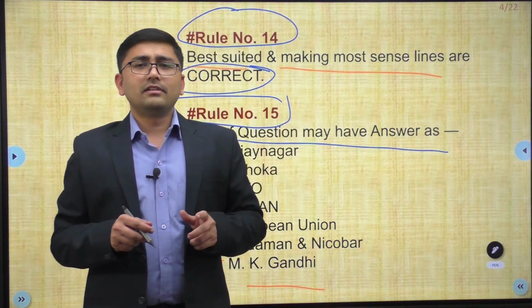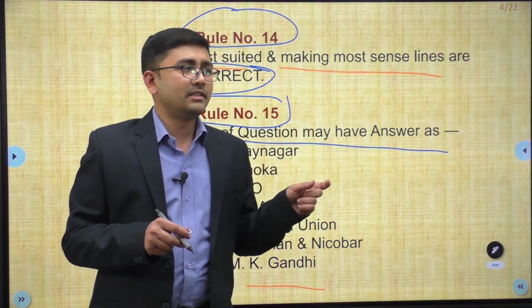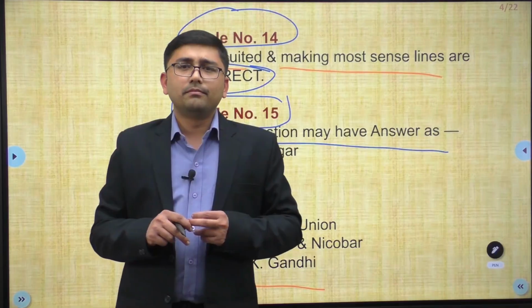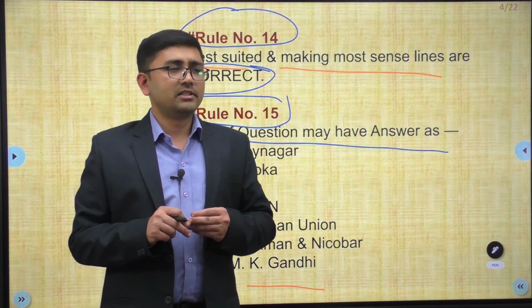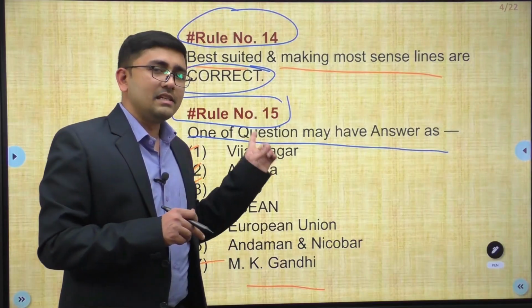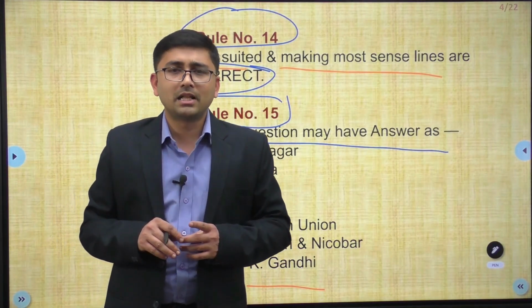In the left hand corner there was a symbol of MK Gandhi, and it was written celebrating 150th anniversary of Mahatma Gandhi. I was aware of this hack and thought that maybe this year there would be one question on Mahatma Gandhi.